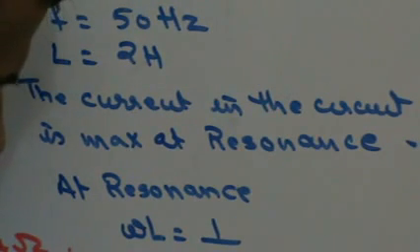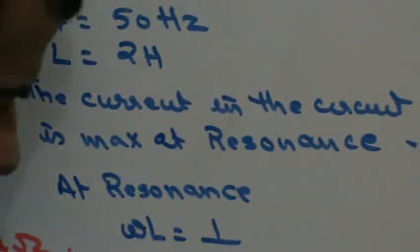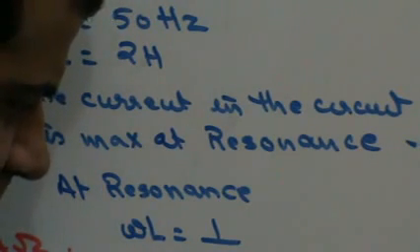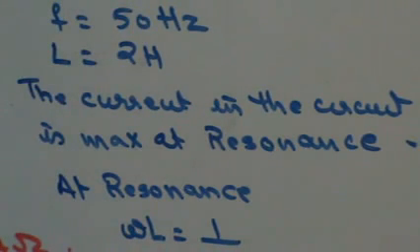Omega L, 2 pi FL is 1 upon 2 pi FC. Therefore, I can say that C is equal to 1 upon 4 pi square F square L. Everything goes down, C comes up, you should be able to get the value of C.